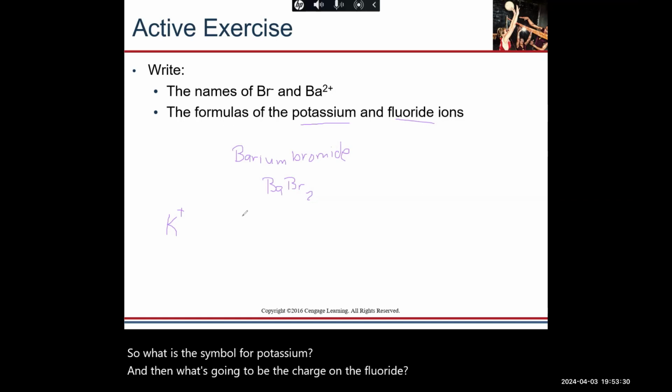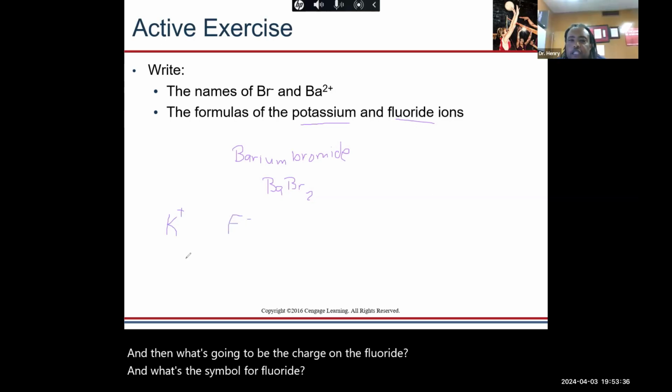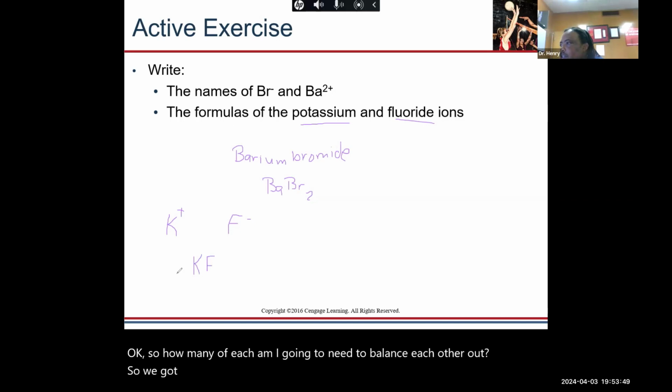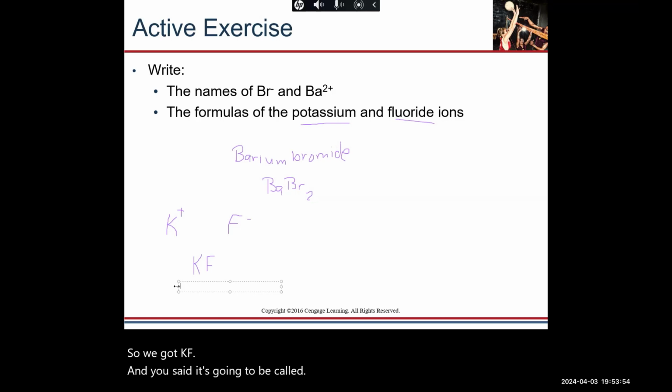And what's the symbol for fluoride? F. Okay, so how many of each am I going to need to balance each other out? One. So we got KF. And you said it's going to be called? Potassium fluoride. Okay.